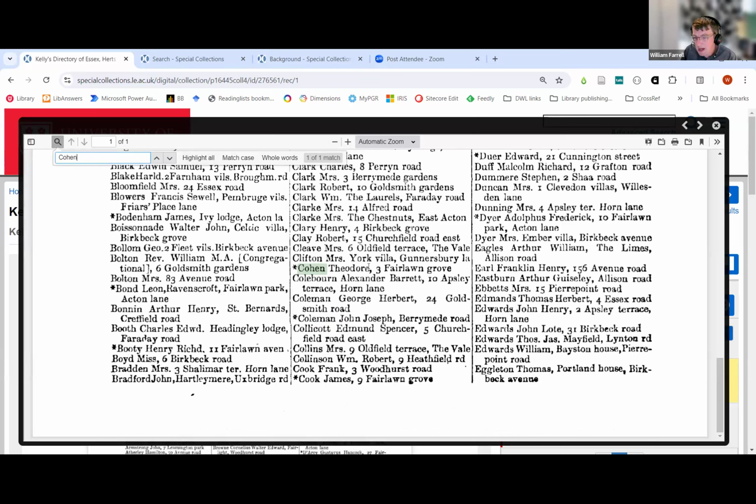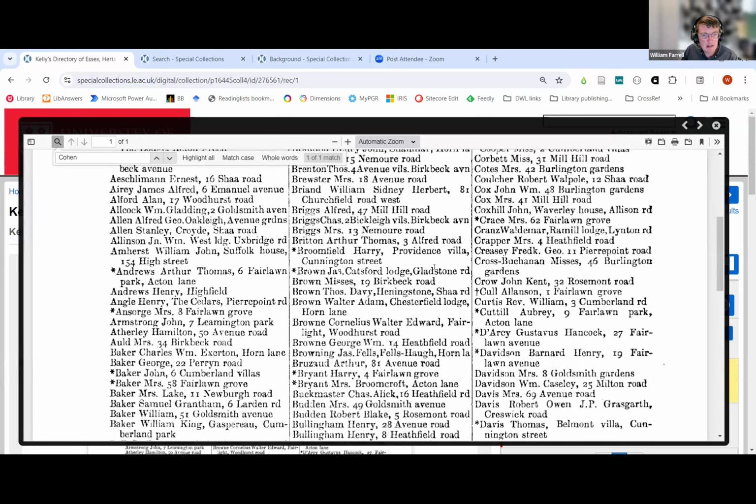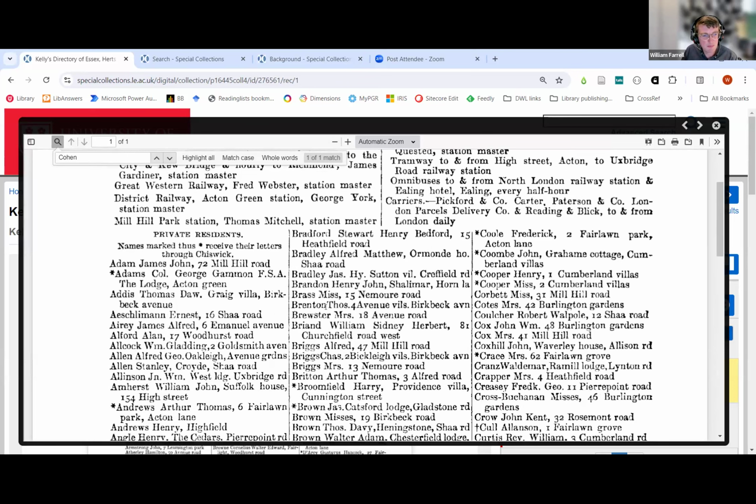If you knew a bit more about this person, at least the place that he lived in, or maybe the street, that would be something you could add in to get a better search result. He lived specifically in, I assume, near Mill Hill, because the station is listed at the top.